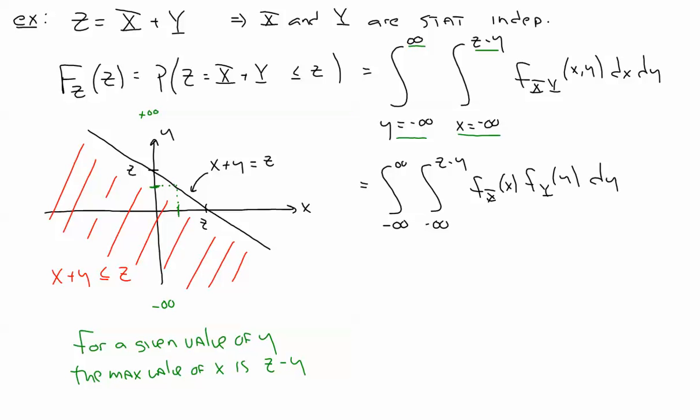Let me jump to the next page. What I'm going to do next is jump right to the probability density function being the first derivative of my cumulative distribution function. My probability density function for z, remember z is the sum of statistically independent random variables.